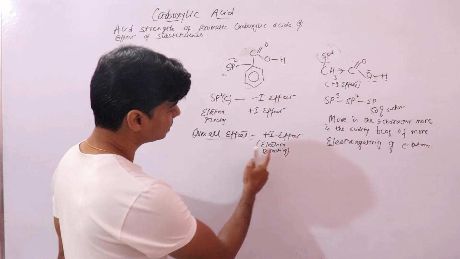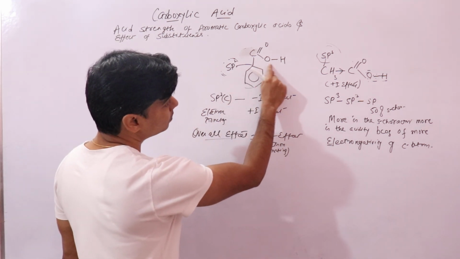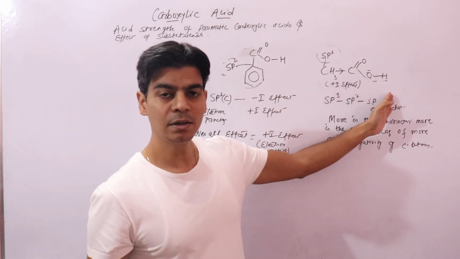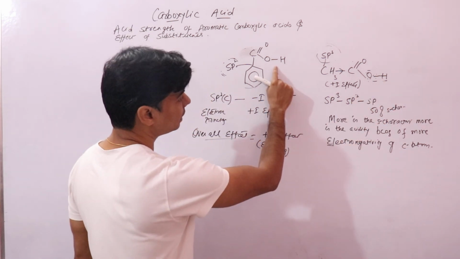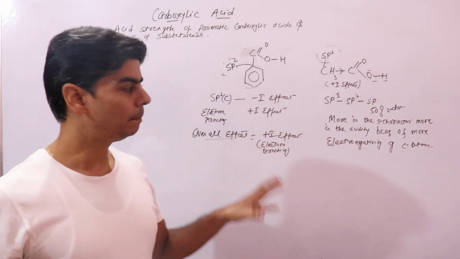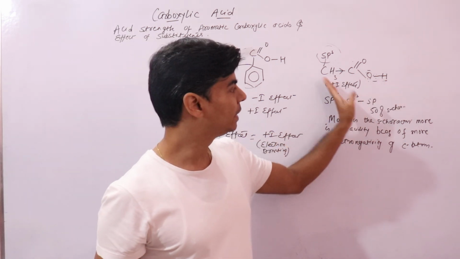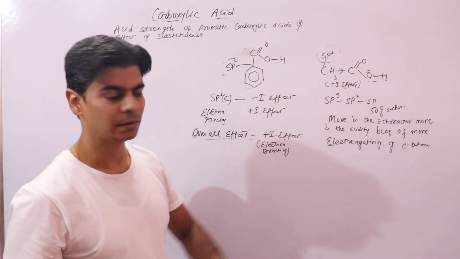That means since this effect is weaker in benzoic acid, here this bond will become strong less compared to aliphatic carboxylic acids. So here the release of this hydrogen atom will be easier compared to its release in aliphatic carboxylic acids, because here you have a stronger plus I effect and here you have a weaker plus I effect, right?